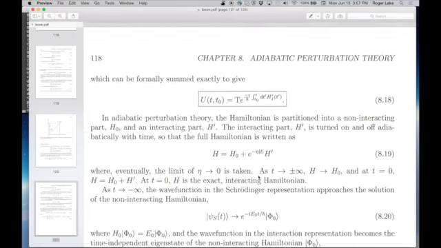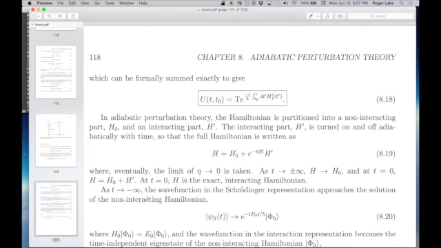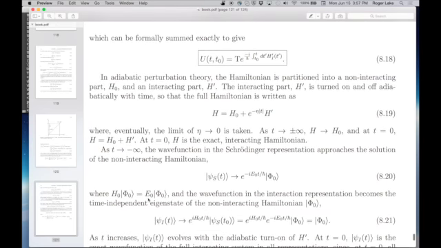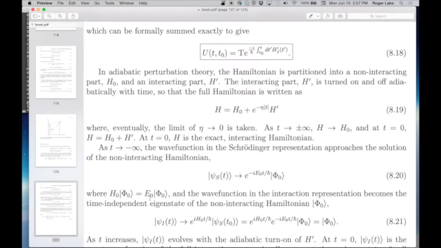And so as t goes to minus infinity, the wave function in the Schrodinger representation must just approach the solution of our non-interacting Hamiltonian. So our Schrodinger wave function just becomes this, where phi 0 is the eigenstate of your non-interacting Hamiltonian.